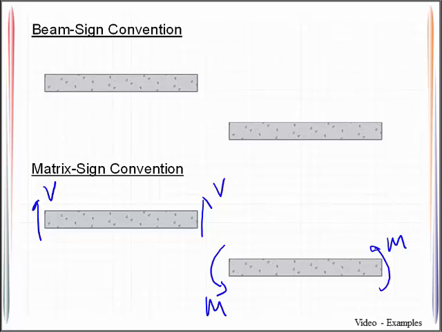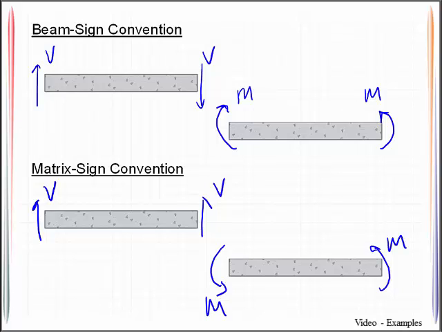However, in order to generate shear and moment diagrams, we're going to have to convert from the matrix sign convention into a beam sign convention, which says that a shear that causes a clockwise rotation of the member is going to be positive, and that moment arrows that point to the top of the member are going to be considered positive.